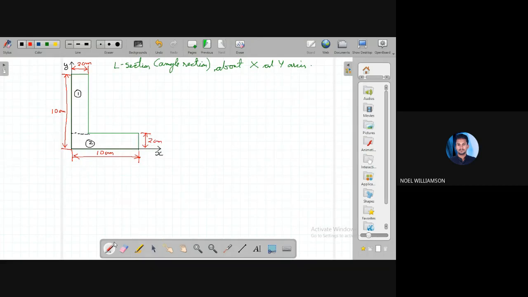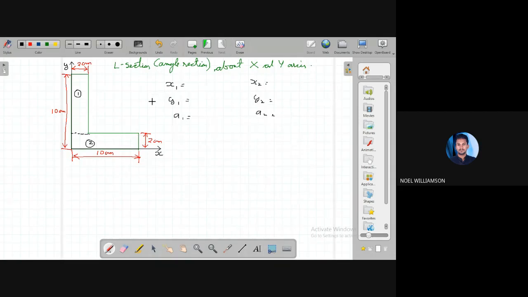So first of all, we find the values for x1, y1, a1, x2, y2, and a2.